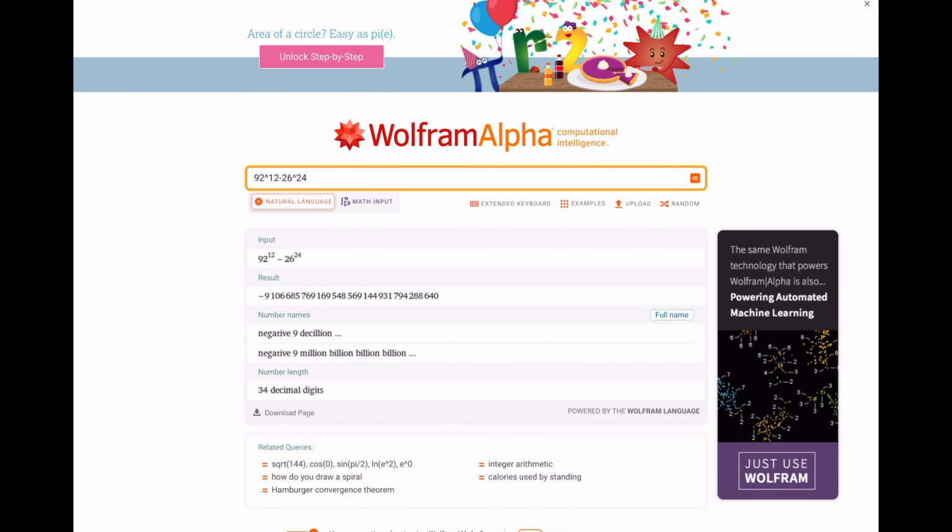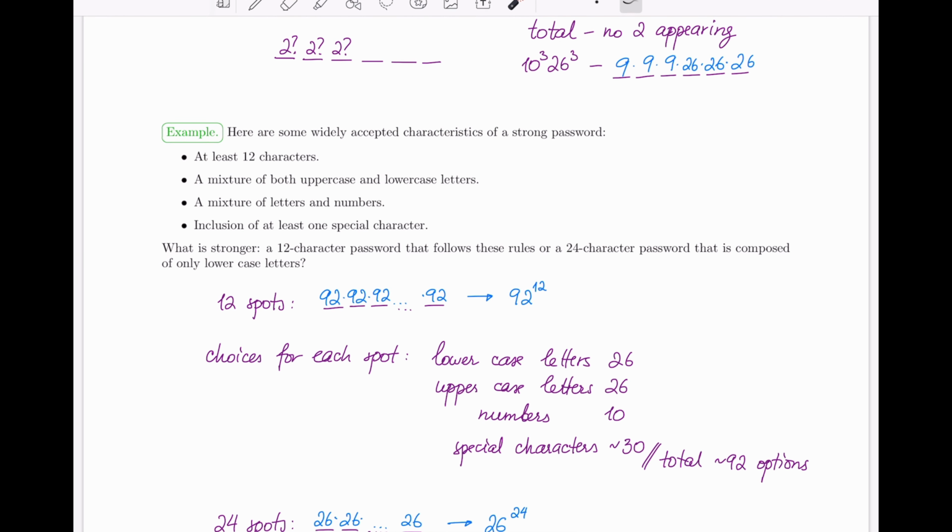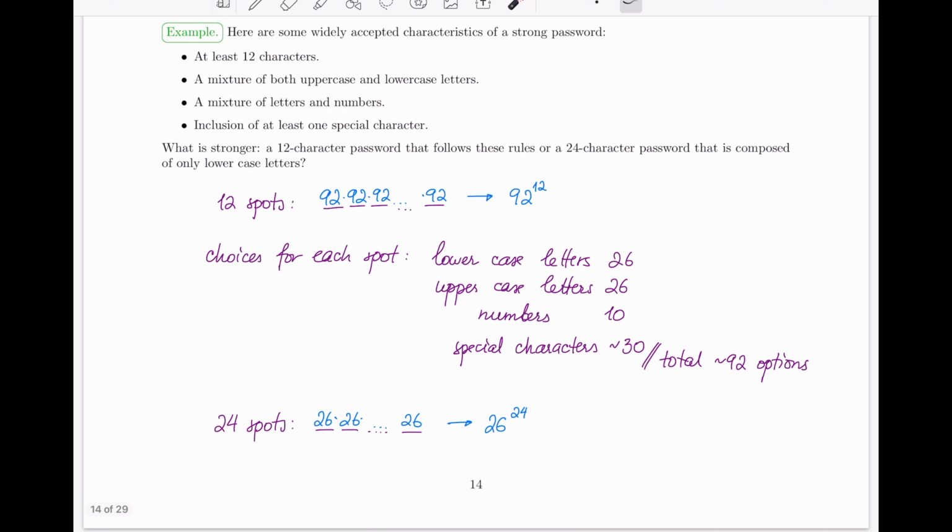And here we have yet another confirmation. 92 to the power of 12 minus 26 to the power of 24 produces a negative result, which means that we subtracted a bigger number than we were subtracting from. So, back to our example here, that means that this number is bigger than this one.